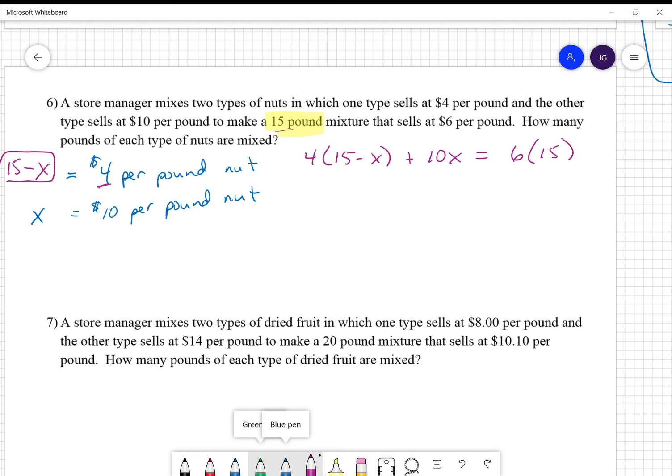My mixture was 15 pounds and its value is $6.